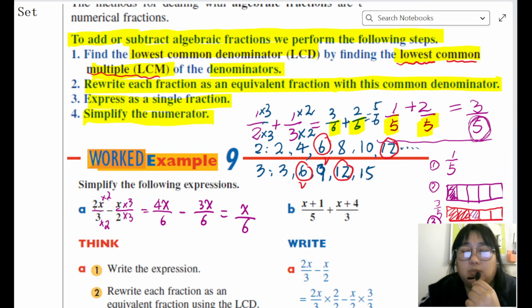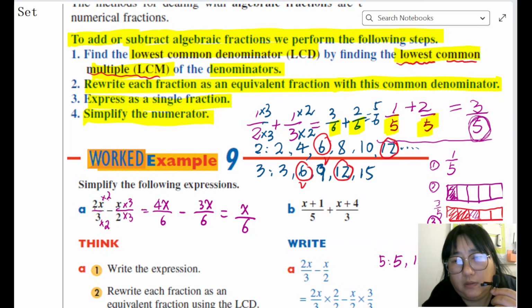Some of you probably say, Miss, in question B the numerators are not only one letter or one number, they are like expressions. Okay, we do the same thing. You have to find the multiples of 5: 5, 10, 15, 20, 25, 30.